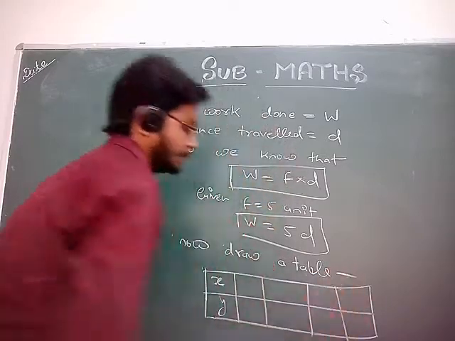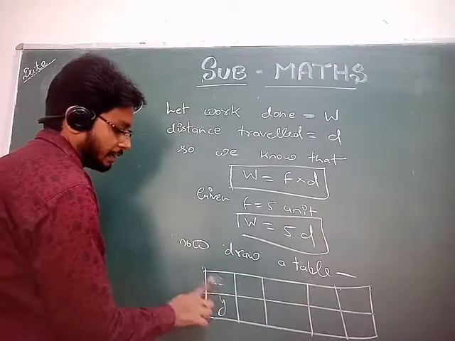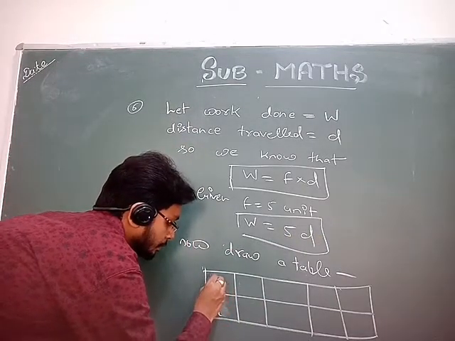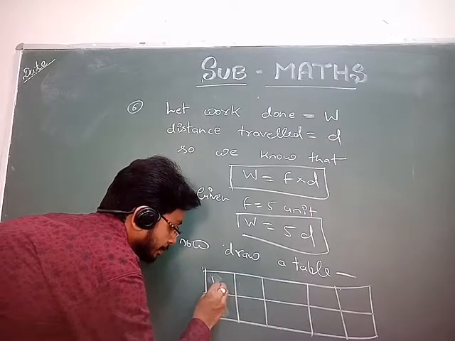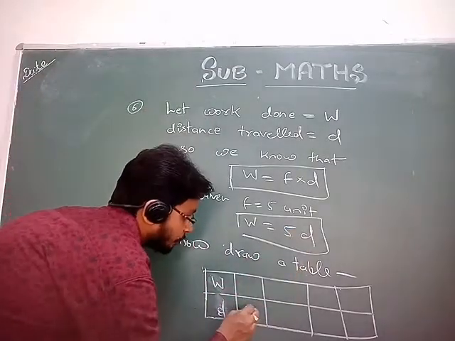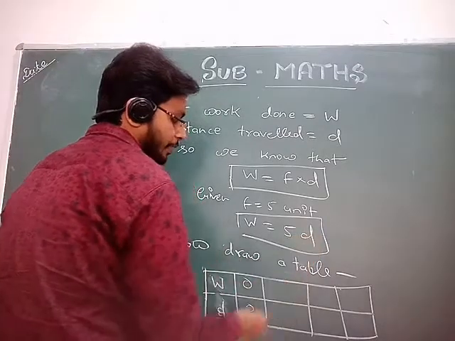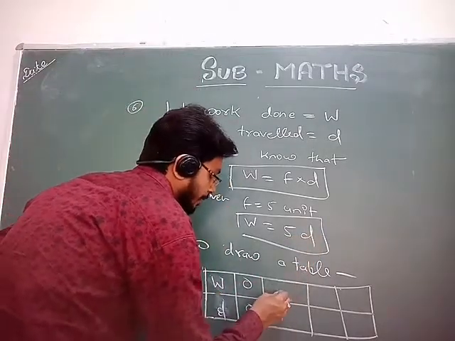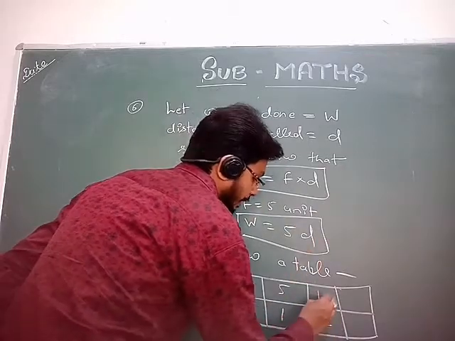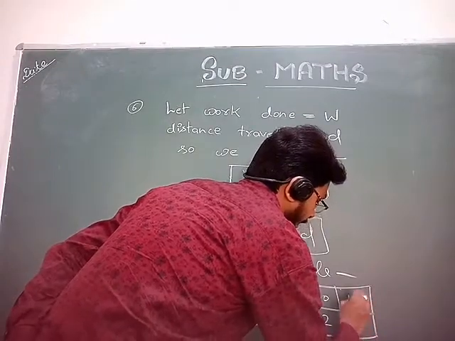Now when you put the values of D, here W and D. So when you put D is equal to 0, you will get W is equal to 0. When you put D is equal to 1, you will get 5, and when you put 2, then you will get 10. And again, if you put 3, then you will get 15.